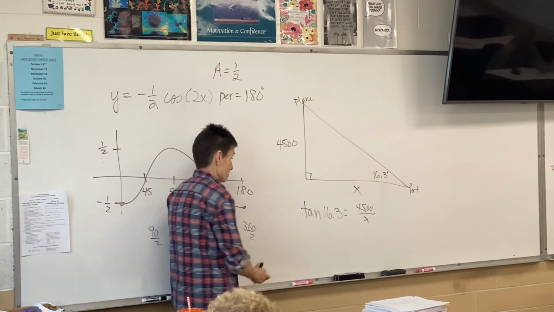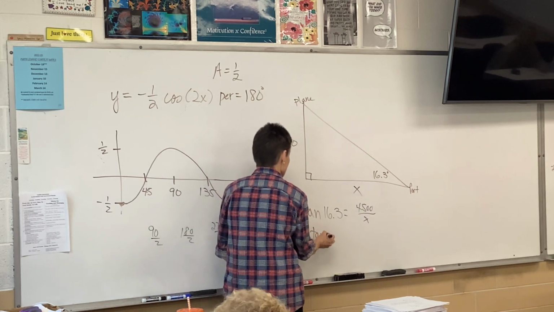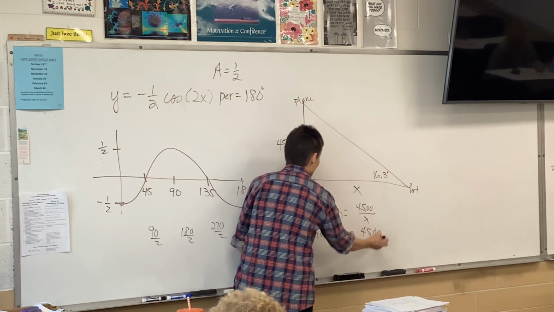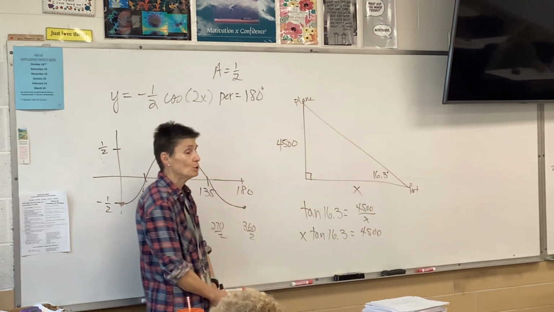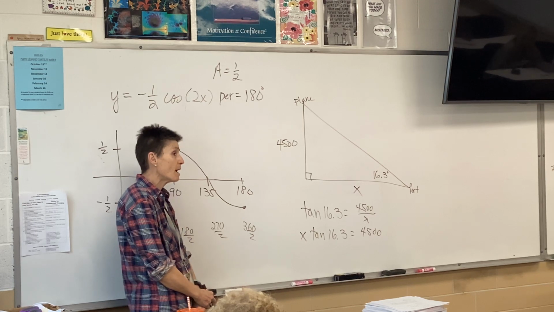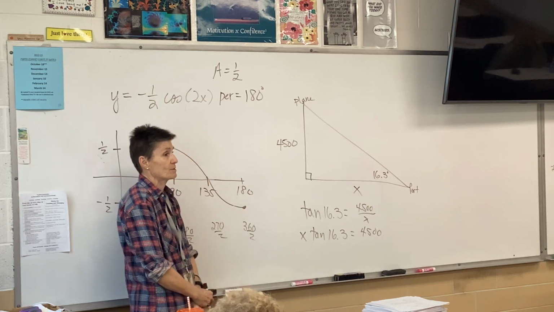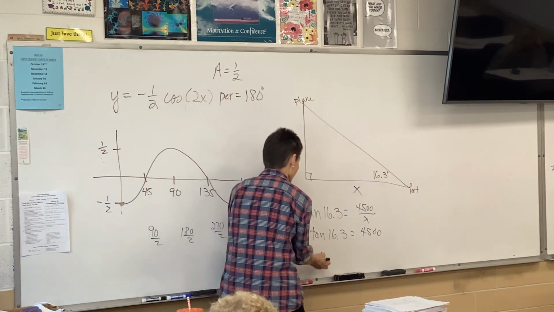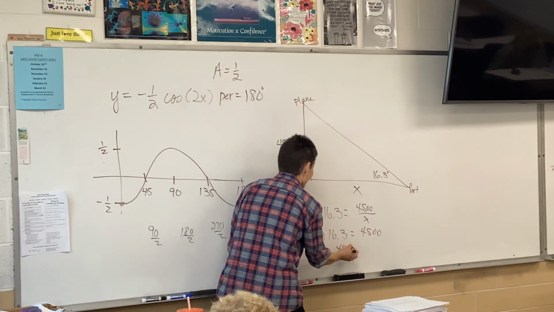Multiply by X. So X tan 16.3. Remember, I never mess with my numerator. I have to move the denominator. So whatever it is, whether it's an X or a number, it's getting moved to the other side. Now, because I need X by itself, I'm going to have to divide in this problem.